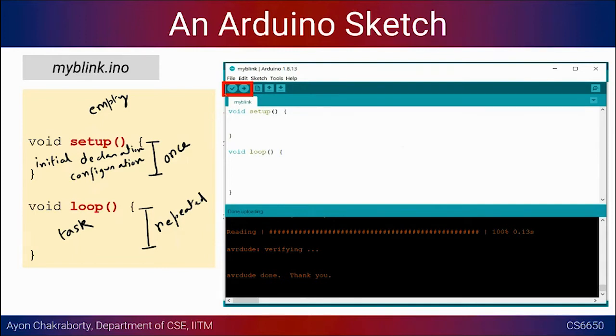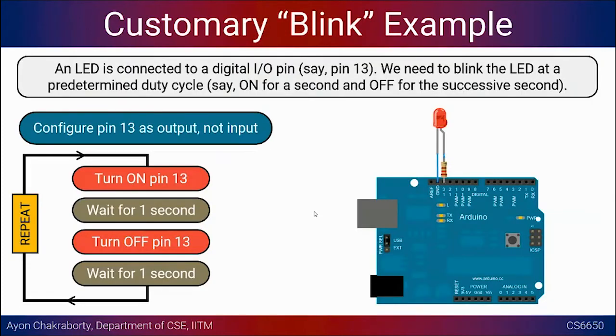On the left, the tick mark is going to compile your code, and this one is going to upload the code and flash it in the flash memory of the Arduino. If you see on the bottom, it says that it is verifying the program, and then it is actually uploaded after that.